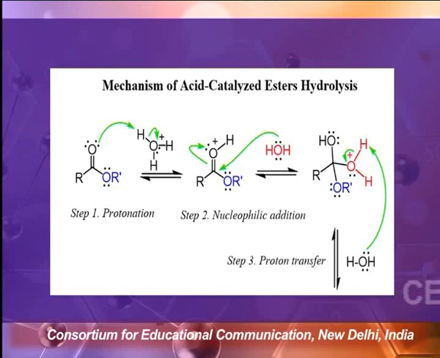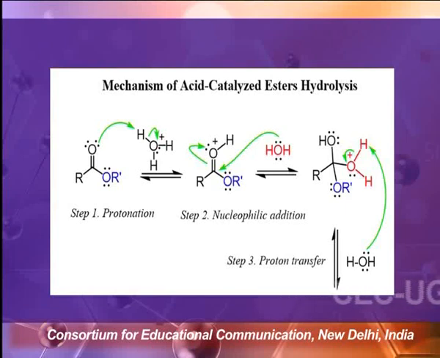In the second step, nucleophilic addition by the water molecule to the carbonyl carbon takes place, because with the addition of the proton, oxygen will have a positive charge, and the pi electrons between carbon and oxygen get easily shifted due to the attachment of hydrogen to the oxygen.